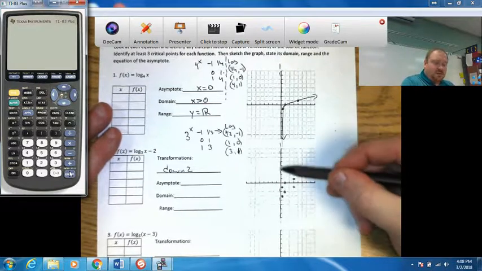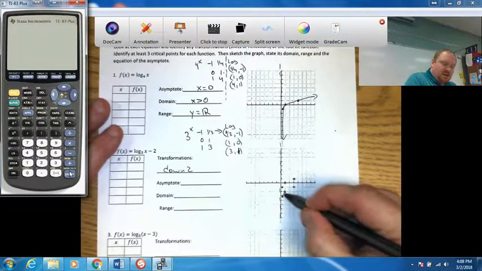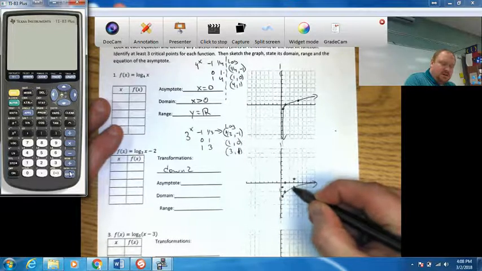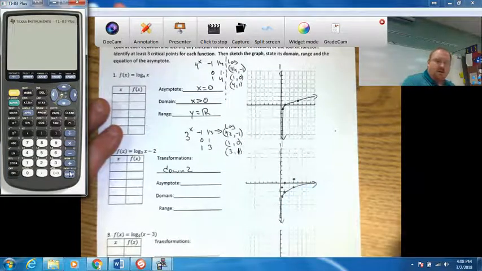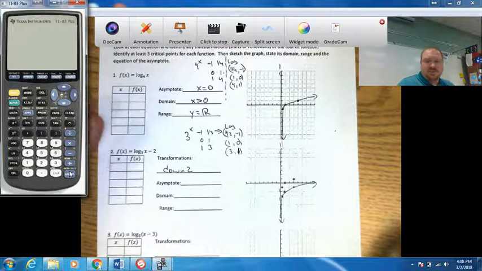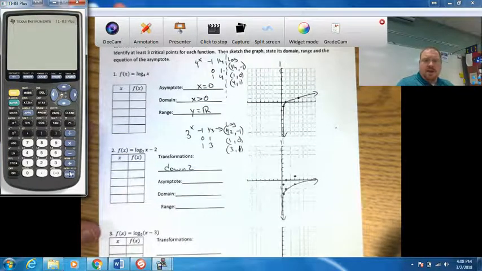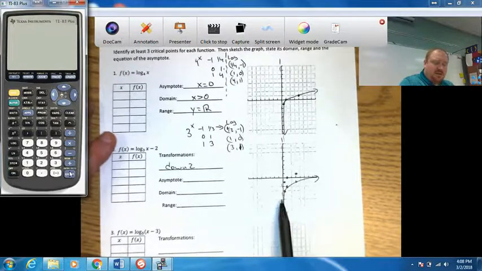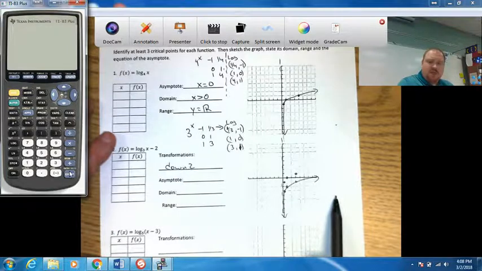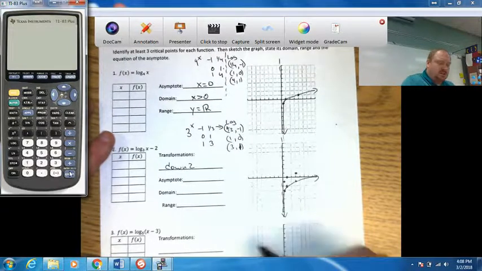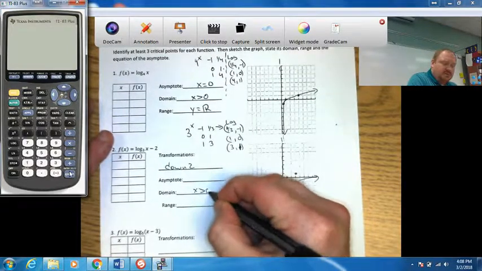I've drawn in my asymptote. Here's my curved line as best I could draw it. So now I can start saying things. Like, for instance, my domain: the points go to the right, and they get close to 0, so it's x greater than 0.